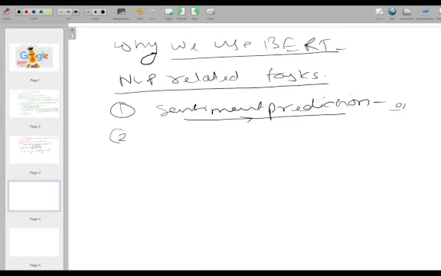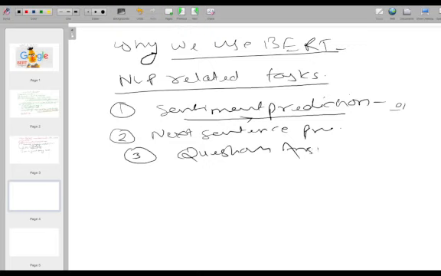Next tasks could be next sentence prediction or question answering. By using BERT that was trained on Wikipedia data, we were able to solve these problems very easily. So we can say that BERT is a good starting point to solve these problems, and it can be used for a lot of variety of NLP problems.